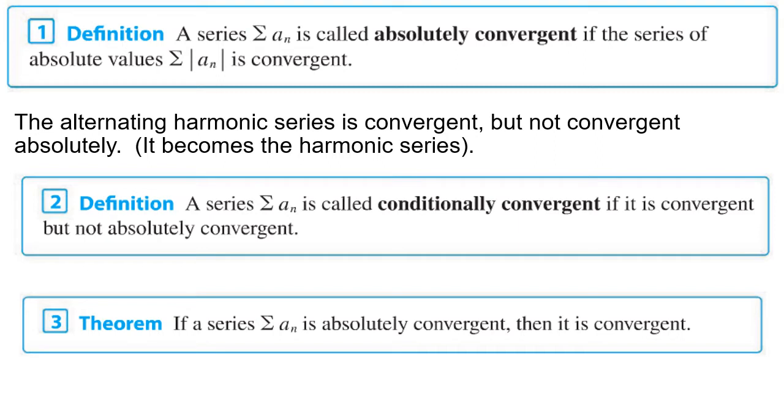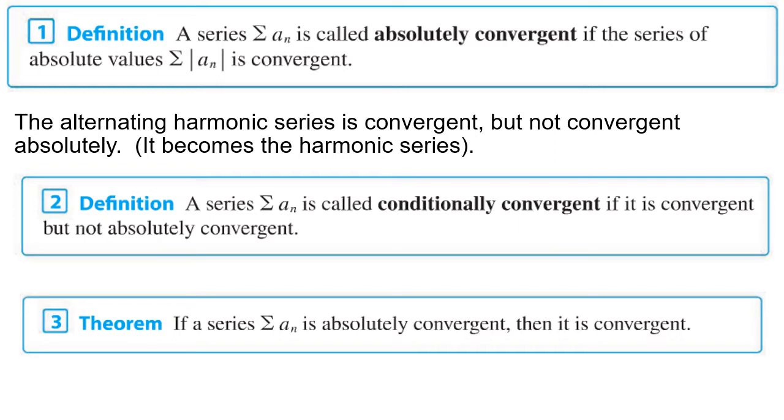The alternating harmonic series is convergent, but not convergent absolutely. It's not absolutely convergent, because if you take the absolute value of each one, all those negatives go away, and you end up with just a basic harmonic series, which we already talked about diverges.